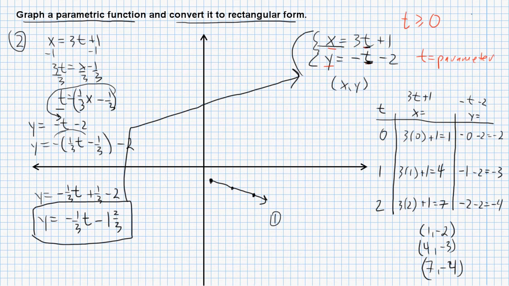Going back to the graph we already made, if we extend it, we can see the y-intercept is about negative 1 2/3, and the slope is down 1 over 3, which is of course the slope of negative 1/3. So there is the graph of your parametric function, and there is its rectangular equation equivalent. Thanks for listening.